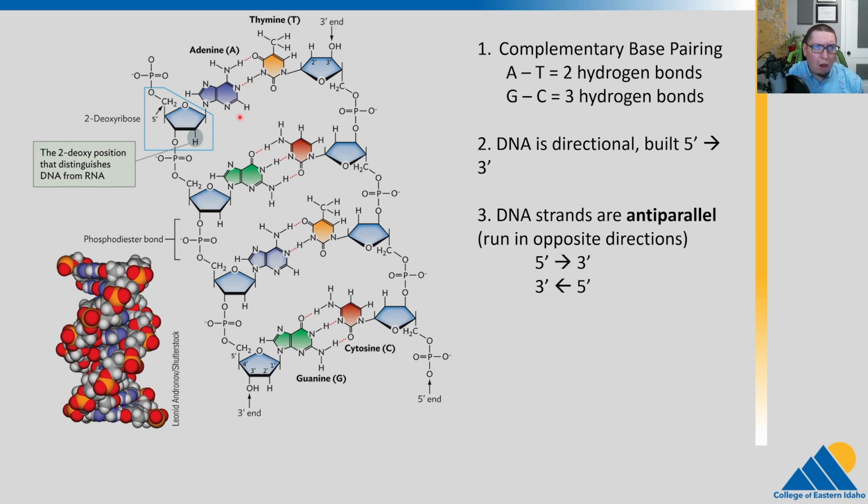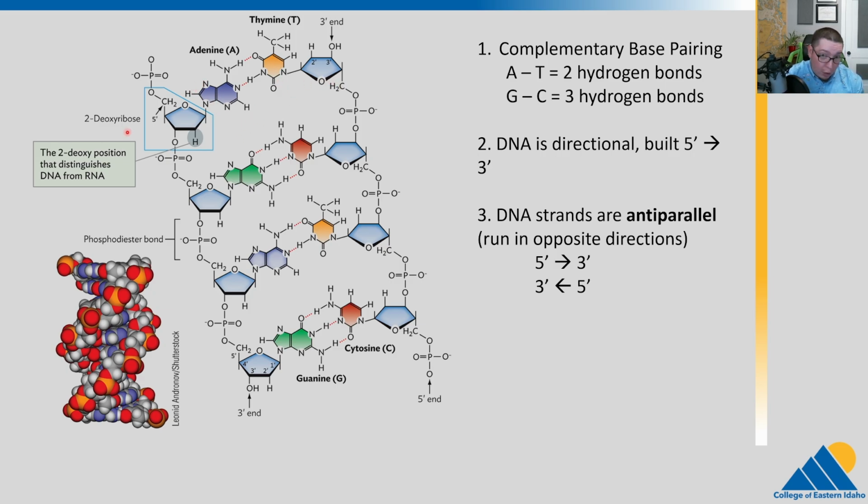This is how the cell knows what to pair together, because we have a purine with a pyrimidine, and that fits properly. And we know it can make two hydrogen bonds, so it's got to pair with T, which can also make 2 hydrogen bonds, whereas G and C can make 3, so they will pair together. Later, this base pairing will be important. I'll talk a little bit about the hydrogen bonds in just a sec, but know that those are pairing together.